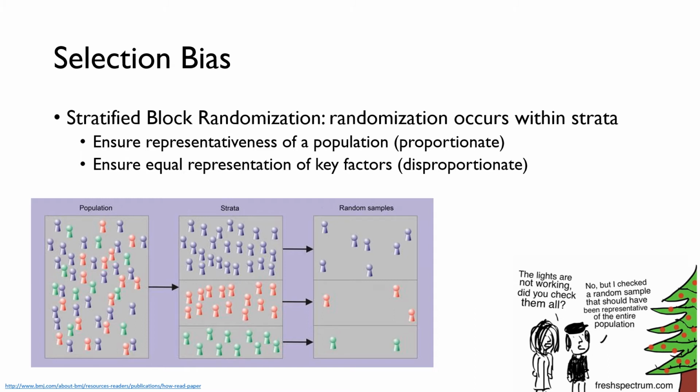further and you can do stratified block randomization where your randomization occurs within strata. This is if you want to ensure that you have adequate representation of certain groups. This can be proportionate where, let's say you start with this example, you have a population of college graduates and you want to study what happens to them after college, and you want to randomize in proportion to the distribution of race or gender or age or majors.